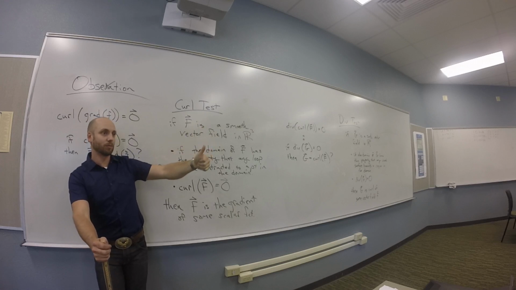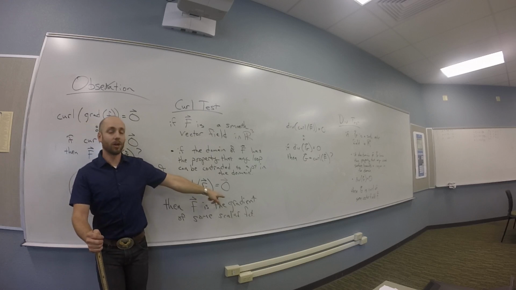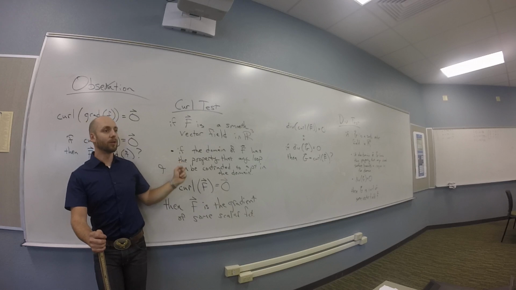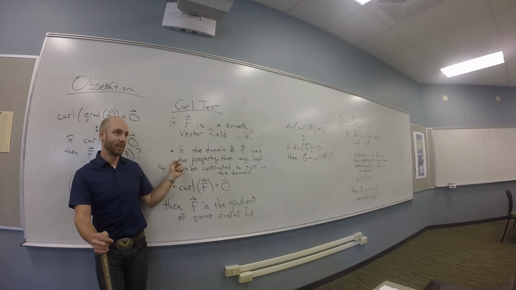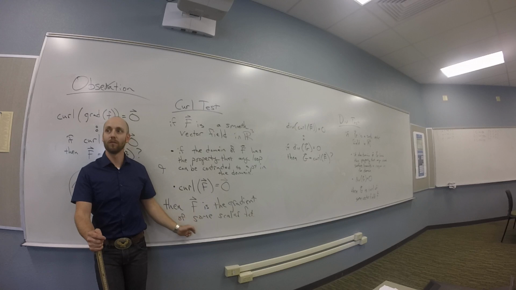You can proceed if it's smooth. Is the curl 0? If the curl is 0, then you have good grounds to think that it's probably the gradient of something. But first you should consider, what about the domain? If the domain is adequately nice, in the sense that any loop can be contracted to a point while staying in the domain, then yes, it's automatically the gradient of something. You can find that something by using the technique that we did before.